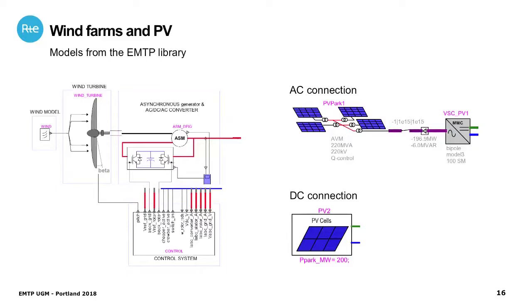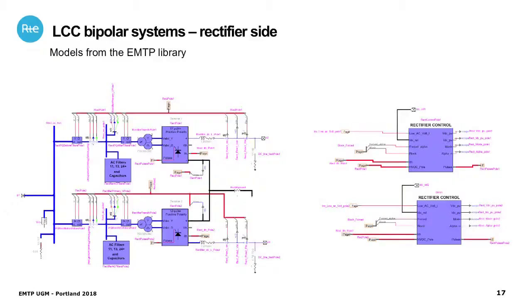Some of the PV parks are connected in AC, so with an MMC converter to the DC grid here, and some of them we connected directly to the DC bus here. It's realistic or not, but there are different possibilities to connect the PV to the AC or to the DC. So we did both in this benchmark.